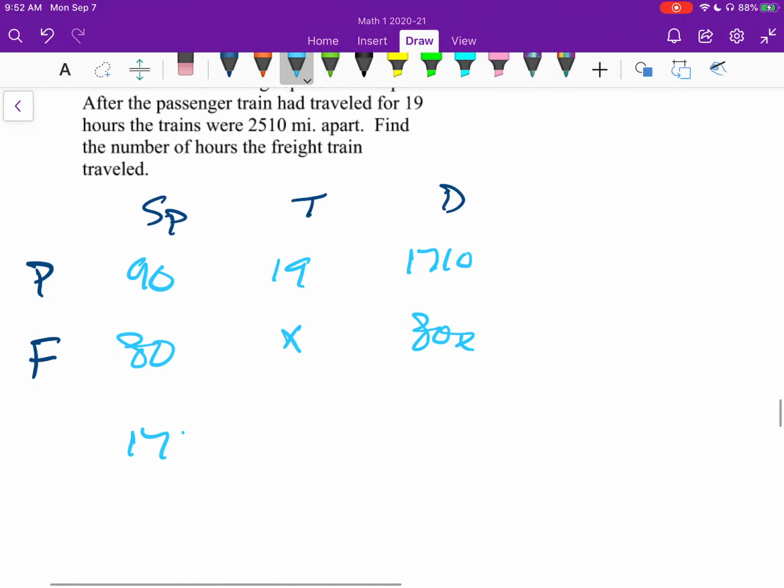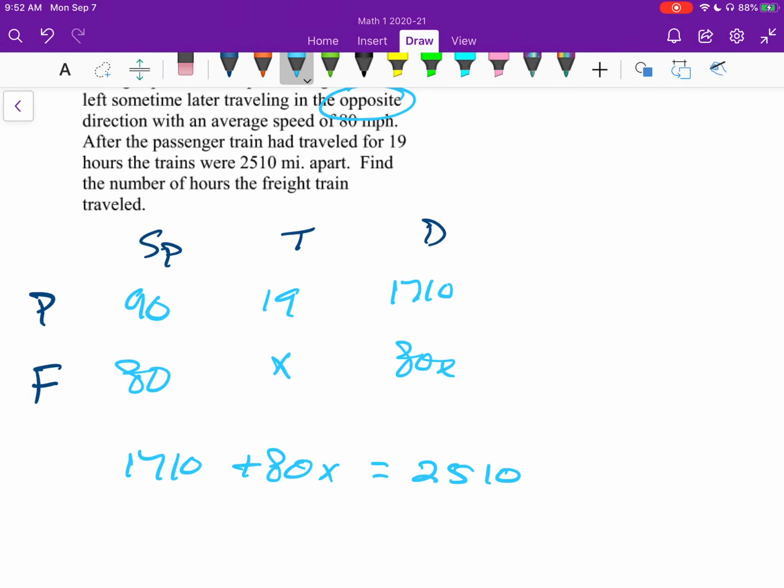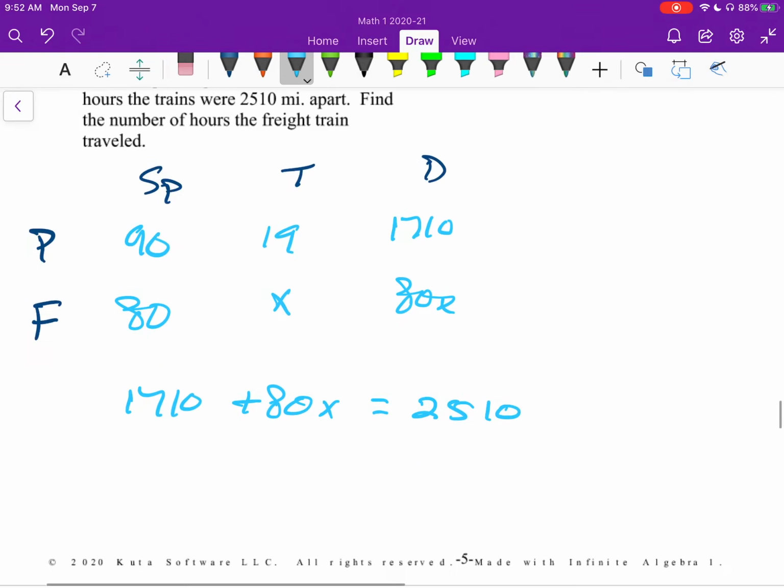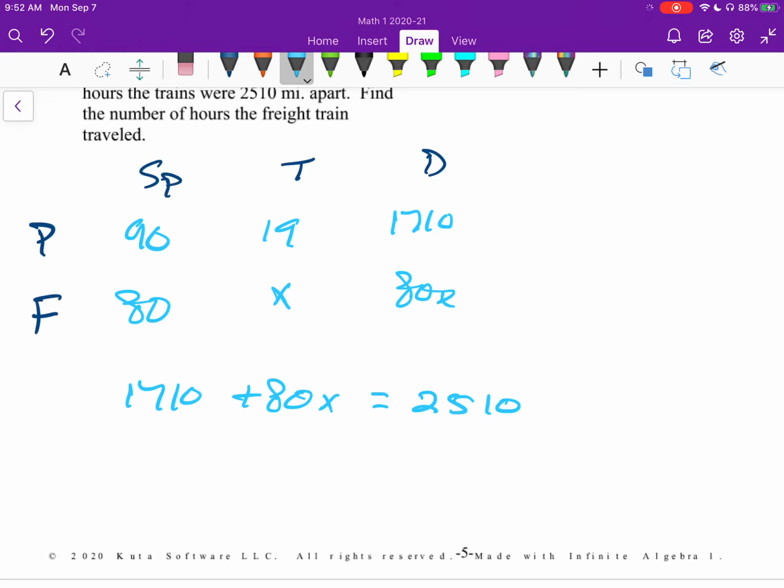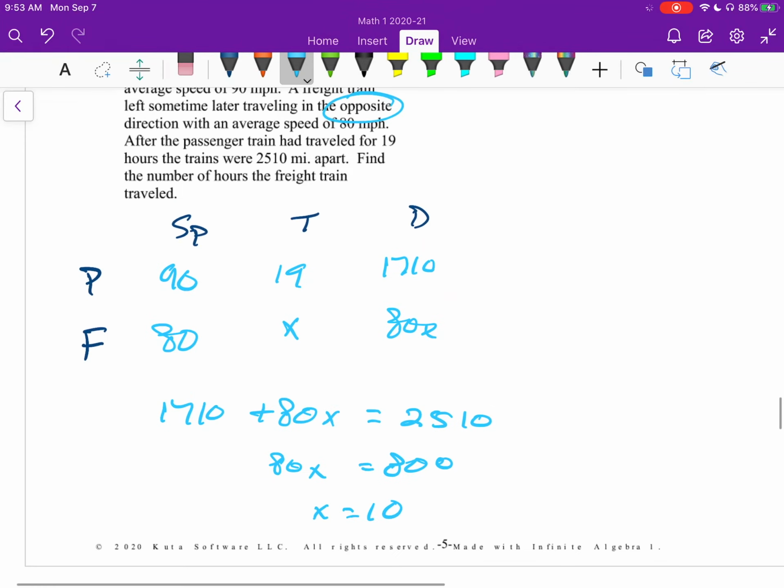So I get 1710 plus 80x is 2510, right? Because we remember, we have to add up the distances whenever we go in opposite directions. Okay, so to solve this, I'm going to subtract 1710, so I get 2510 minus 1710. 80x is 800, so x is 10, and we're talking about time.